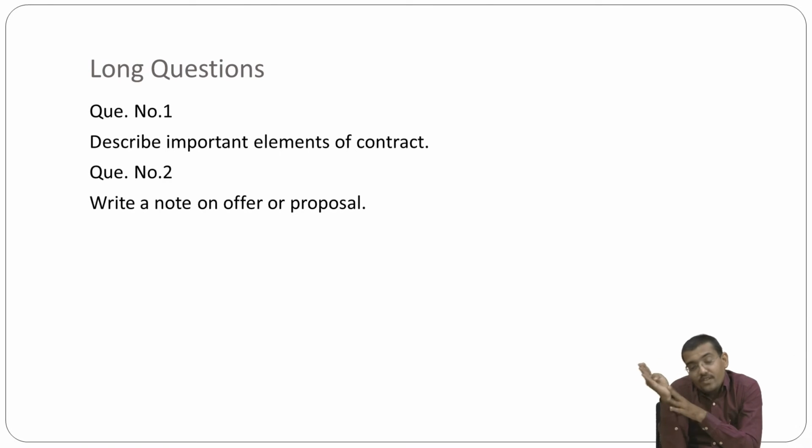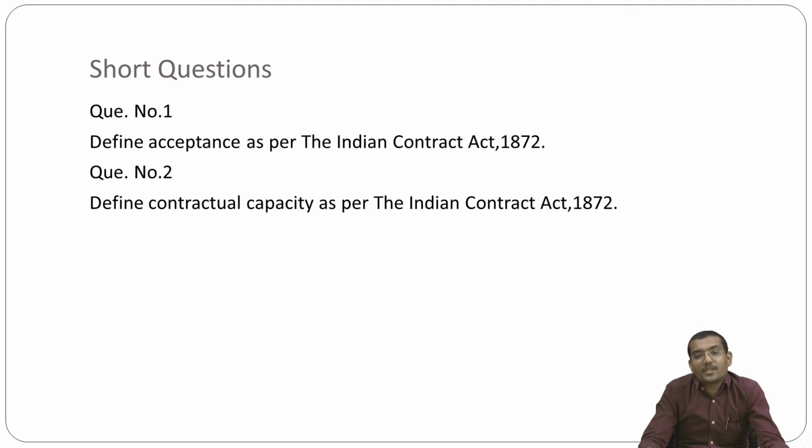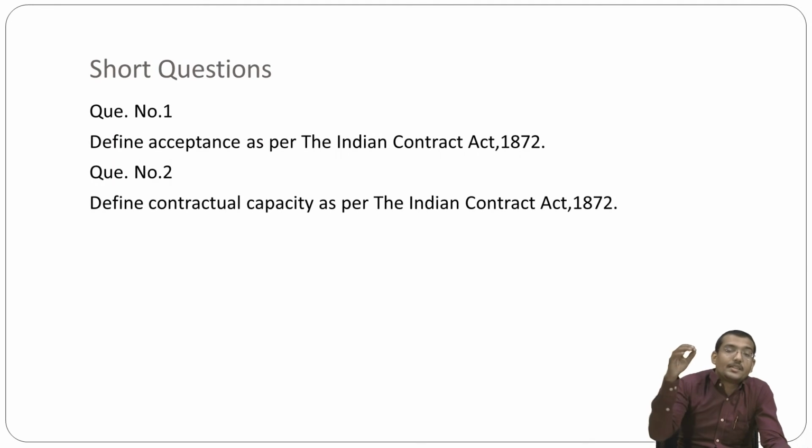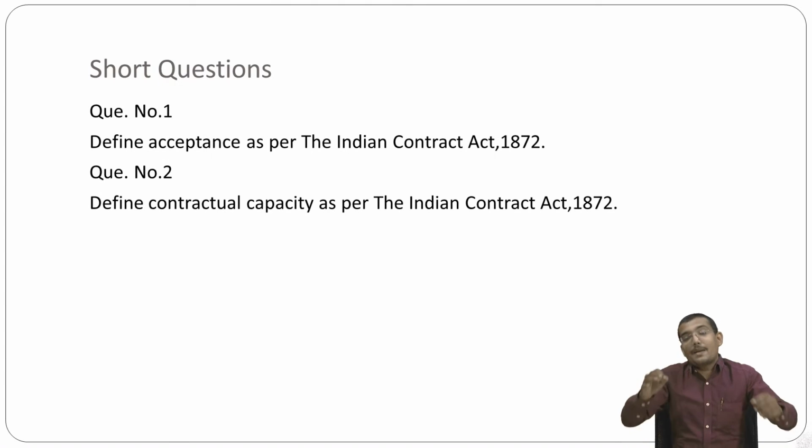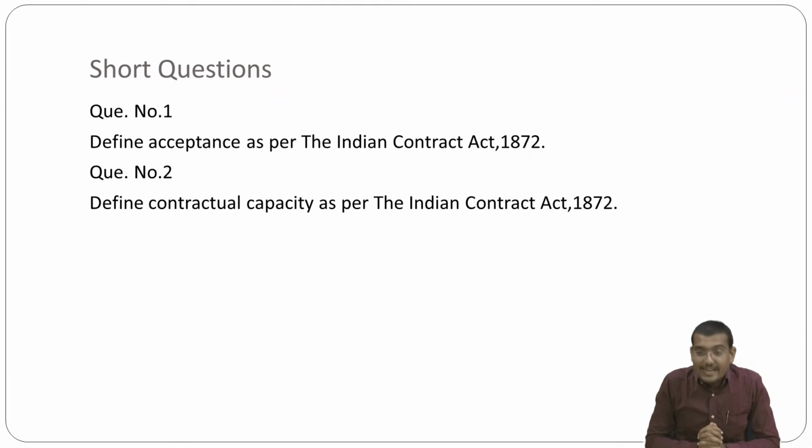After this, you have to evaluate yourself with the short questions also. In a short question, my dear friends, you have to define acceptance as per the Indian Contract Act 1872, and you have to define the contractual capacity as per the Indian Contract Act 1872.